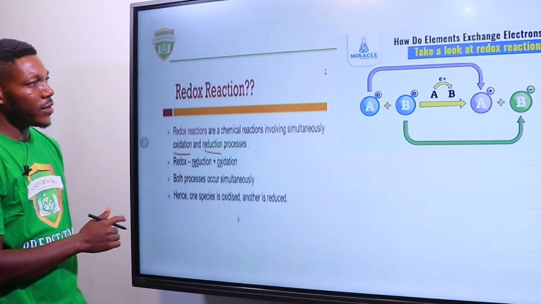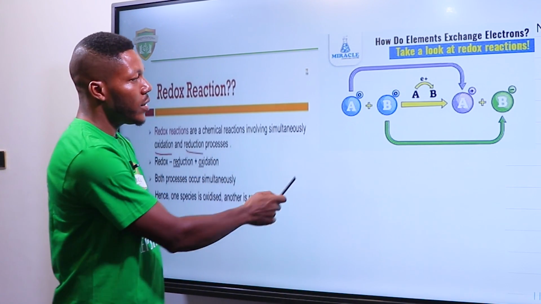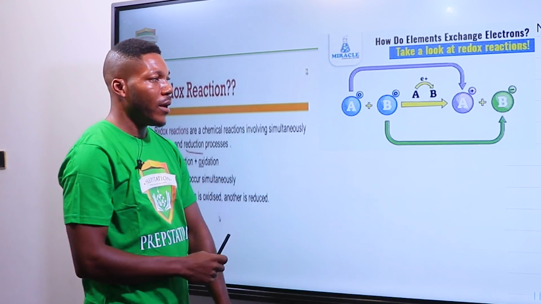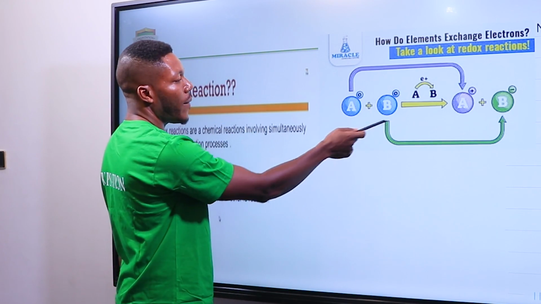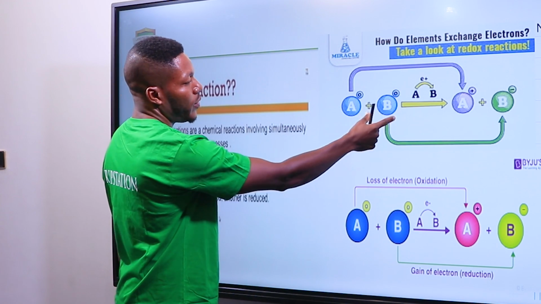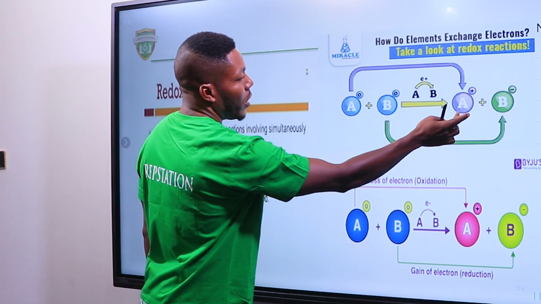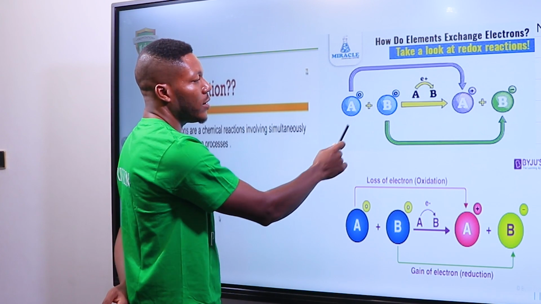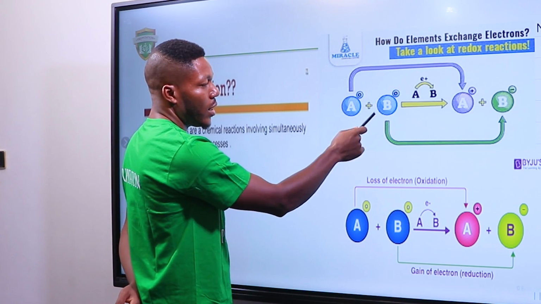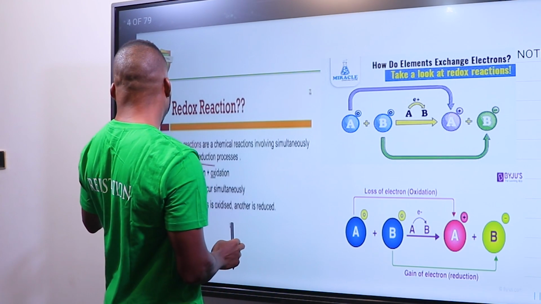For example, this is a reaction between A and B. A and B give us another A and B. These are our reactants, A plus B, while A plus B is also our product. But at this point, one of these reactants is losing an electron, another is gaining an electron.